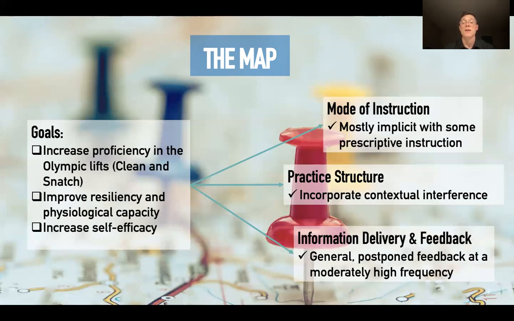That way he can not only understand what's going on, but he can also reflect on it and develop an action plan moving forward. And we're going to do all of this at a moderately high frequency, because within our practice structure we're going to be acquiring a lot of reps, and a lot of reps are going to be a lot of opportunities to learn and ultimately get better at the skill.